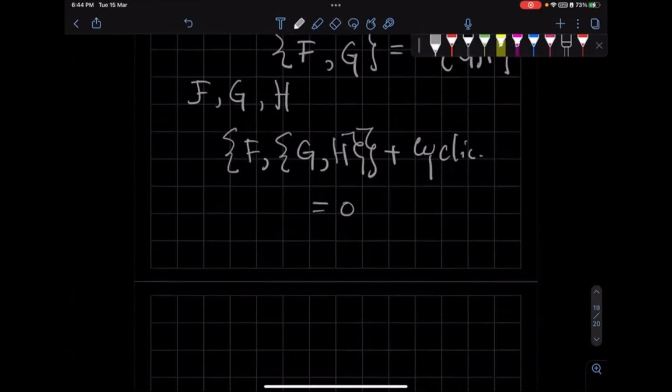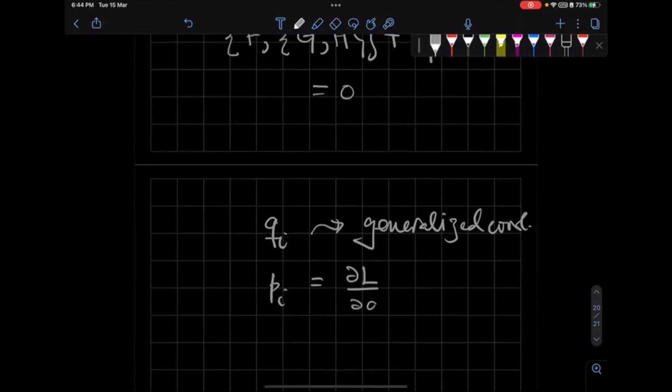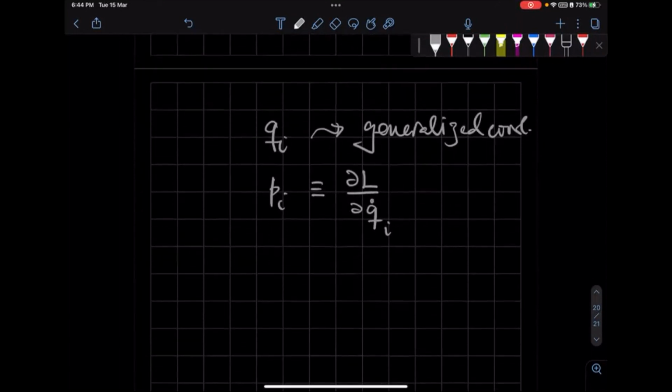Now the conjugate momenta are defined in the following way. If qi is a generalized coordinate, then pi is defined to be the derivative of the Lagrangian with respect to qi dot. Okay, that's the definition of pi. And from the Lagrangian, we go to the Hamiltonian by, I think there's a minus sign missing, but I don't really care about that, as we replace qi dot with pi.